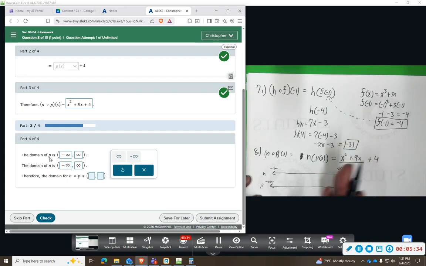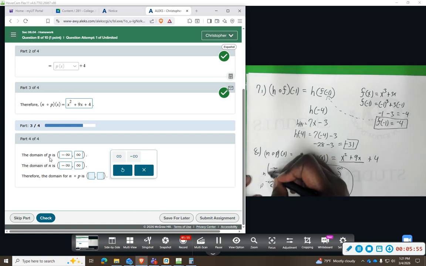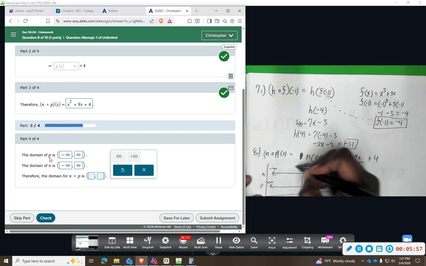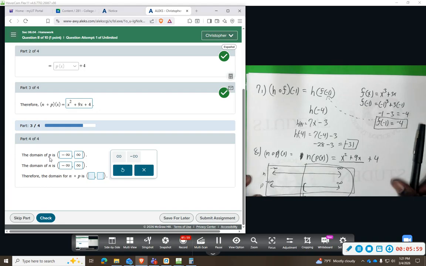So let's say that one of these functions was cut off and it only used values of x from, let's say, 6 to infinity. So they would overlap at this part, 6 to infinity. Okay, and so you would use that domain. However, since they're both negative infinity to positive infinity in this case, that would be the domain of n composed of p.